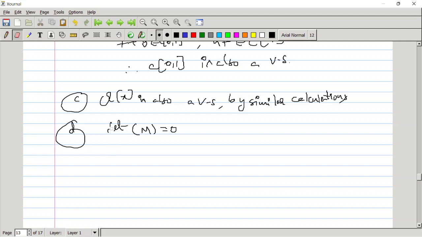Let me write the set clearly. V4 is the set of all 3 cross 3 matrices M such that determinant of M equals 0. Is this V4 set a vector space over R?